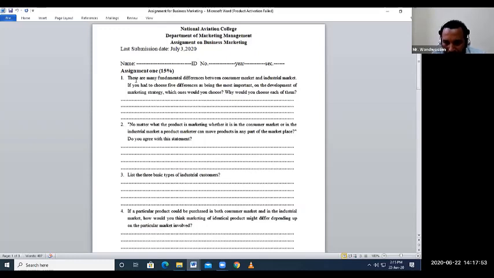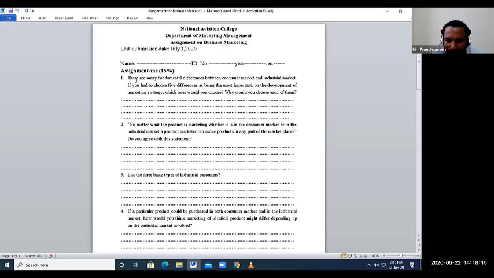Once we decide on the product feature, the product type, and the product life cycle, the next step is determining the price. So price is the third P in the marketing strategy.